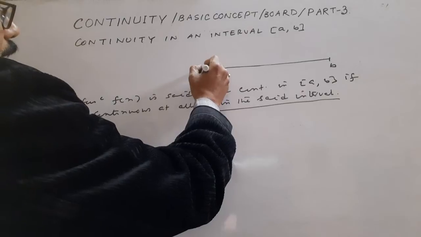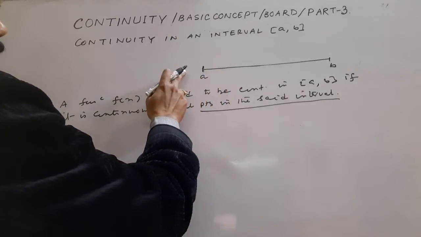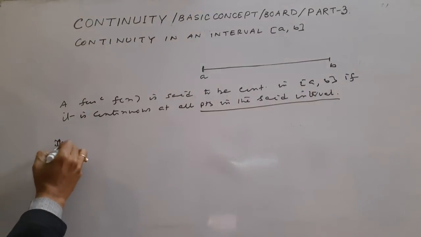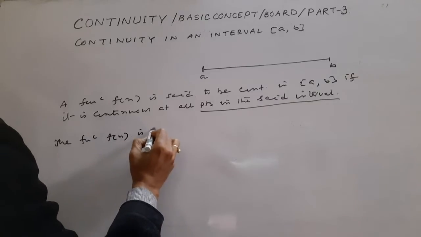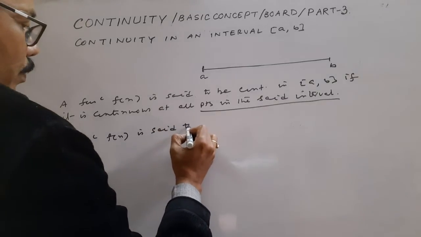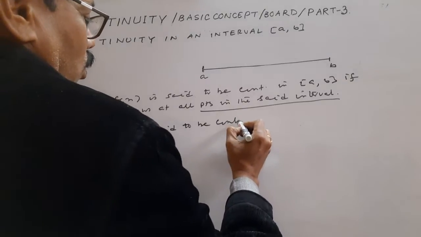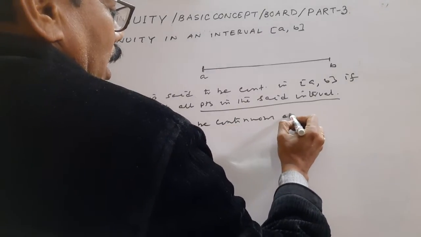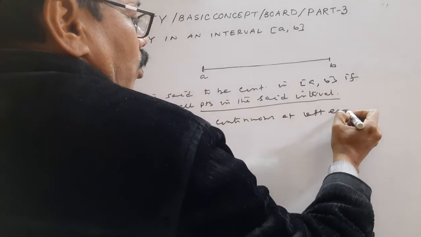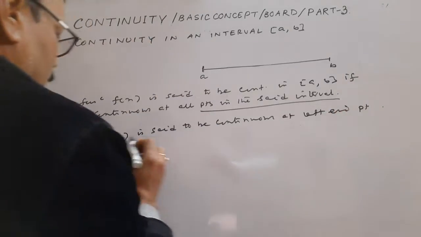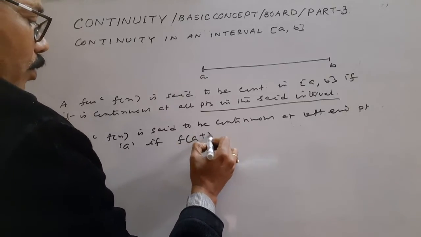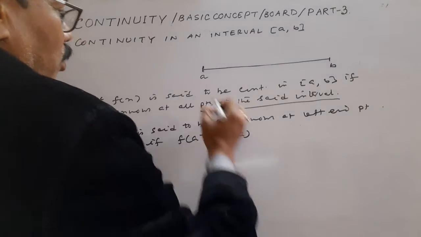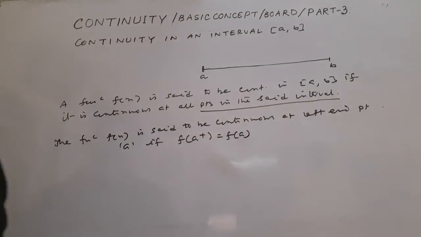I will discuss it by taking an example. Now at a, you cannot take the left hand side. So what will be the continuity at the end points? The function f(x) is said to be continuous at left end point a if f(a plus) equals f(a). We consider right hand only.